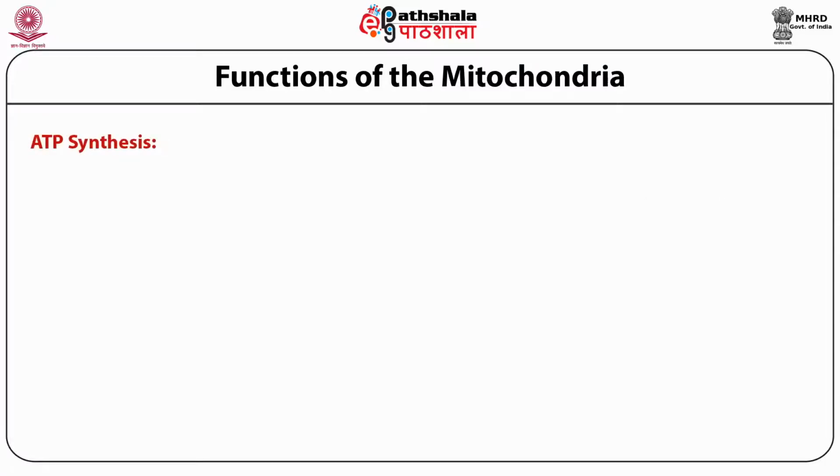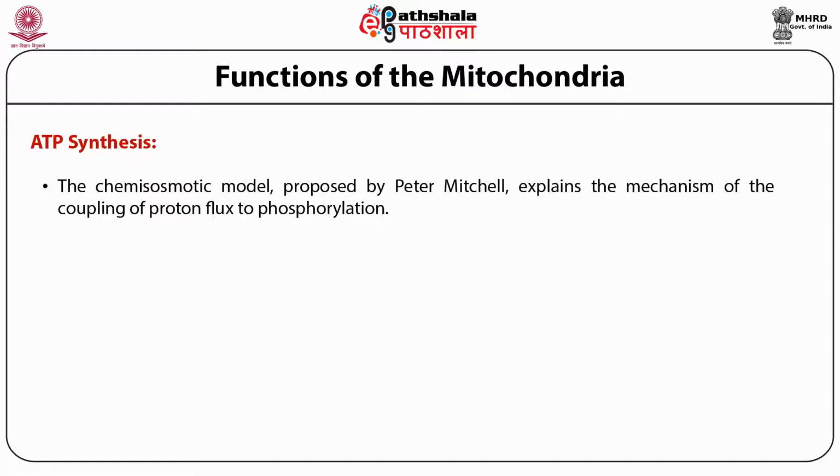The synthesis of ATP. The chemiosmotic model proposed by Peter Mitchell explains the mechanism of the coupling of proton flux to phosphorylation.